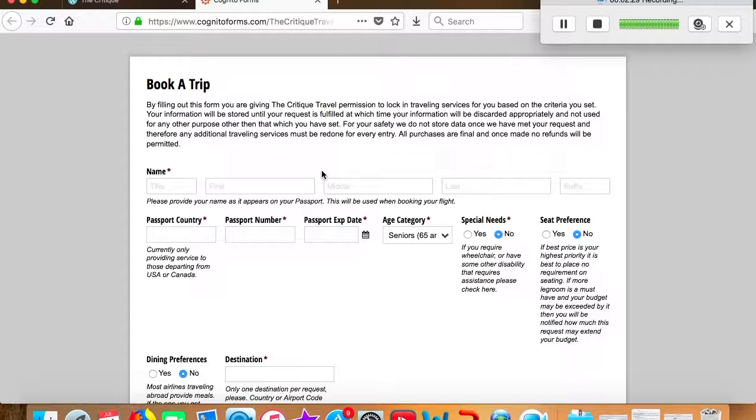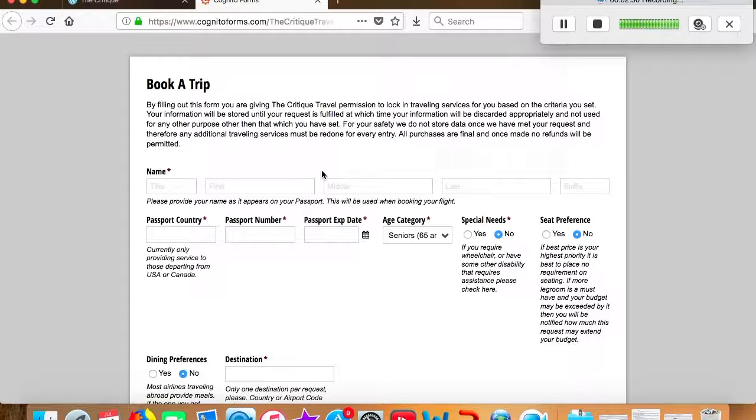So for that reason, I encourage you to look into getting travel insurance if there is a possibility that you will not be able to take this flight. So just make sure that when you book your bid, you do so with confidence that this is something that you're interested in doing.